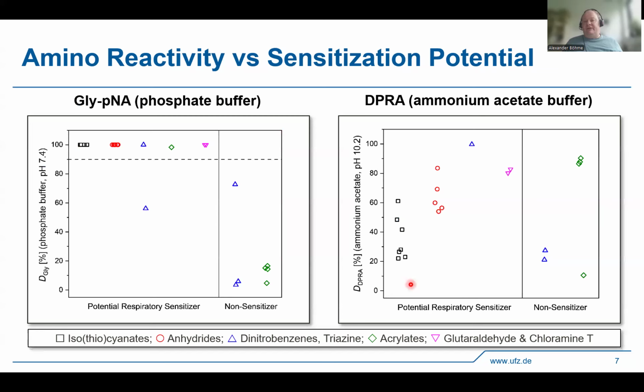In contrast to that, with the DPRA setup and the ammonium acetate buffer, it's almost impossible to discriminate between potential respiratory sensitizers and respiratory non-sensitizers, because in both groups, the reactivity spans over almost the same range.